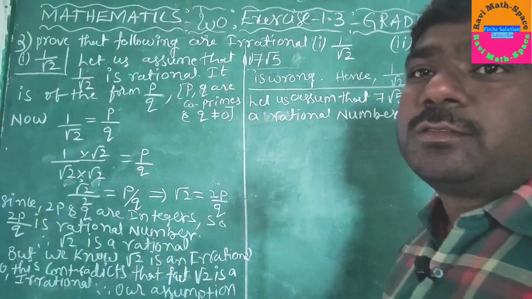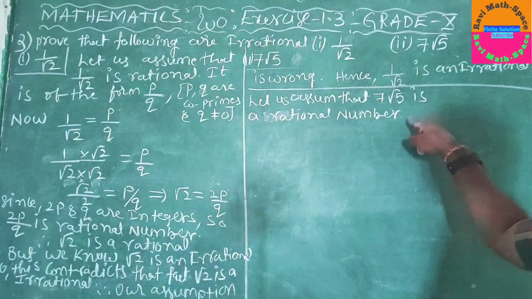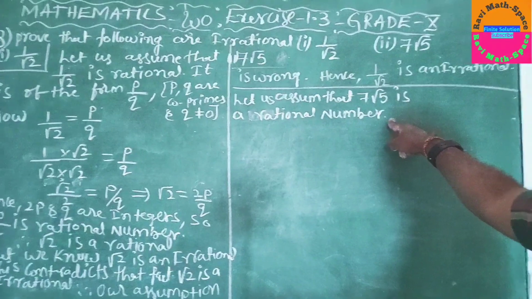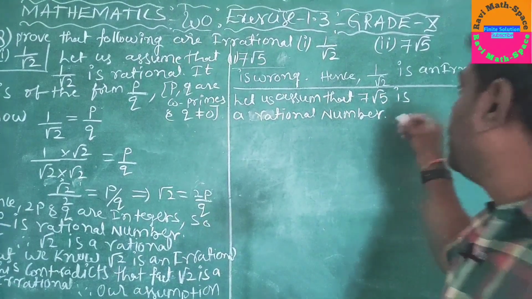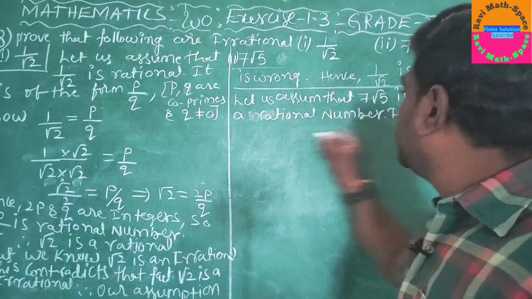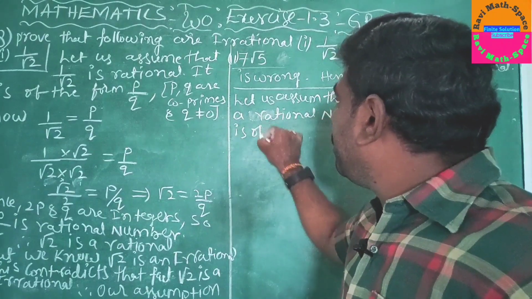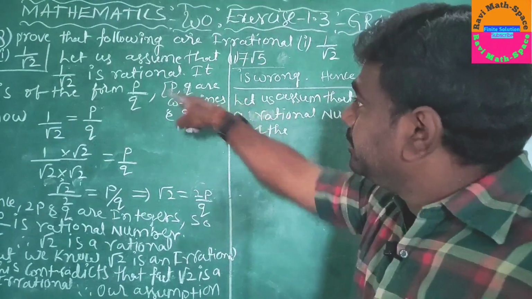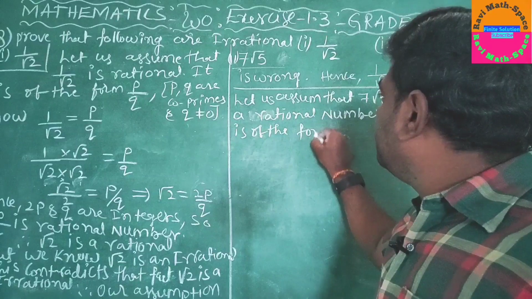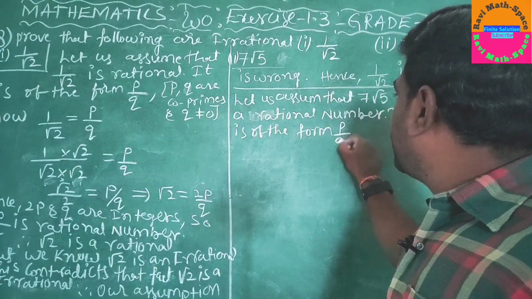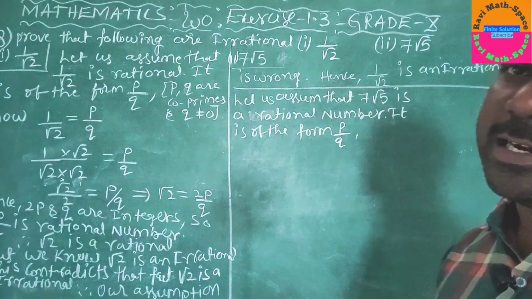Yes or no? When it is a rational number, it should be in the form p by q, meaning the rational number condition.